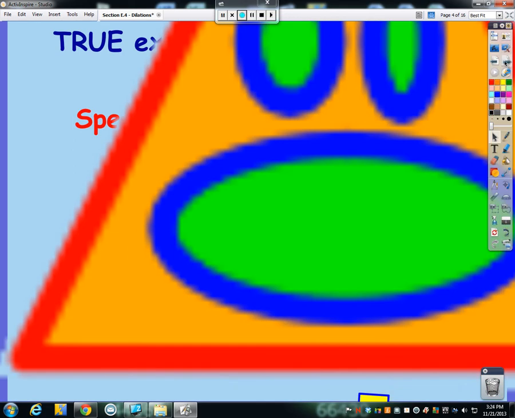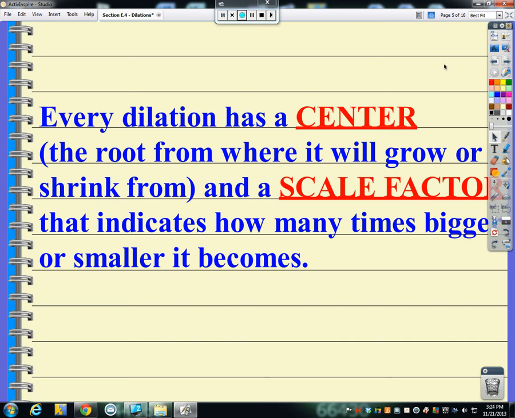He's pretty bad-ass. Now, every dilation has a center, and the center is, you can kind of think of the root from where it will grow or shrink from. And it has a scale factor, which is that constant multiplicative factor I referred to earlier, that indicates how many times bigger or technically smaller our shape will become.